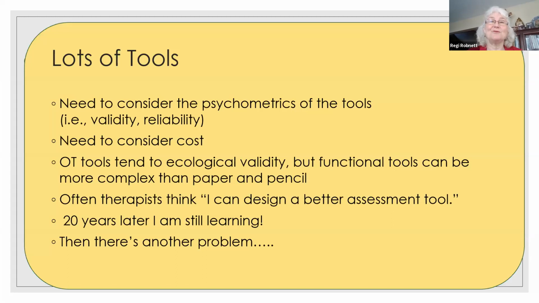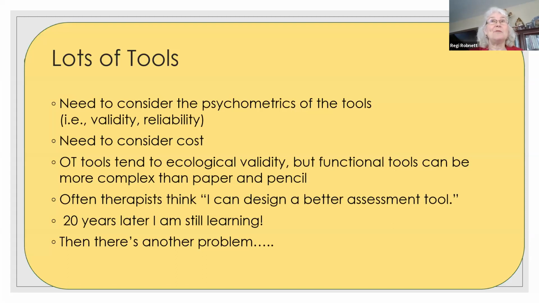There are lots of tools out there, and I encourage you to look for really good tools that have good psychometrics. What are psychometrics? Well, that means they're valid, that they measure what they purport to measure.